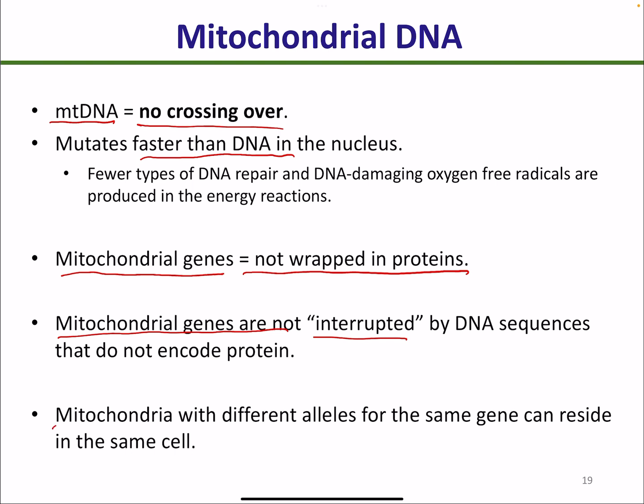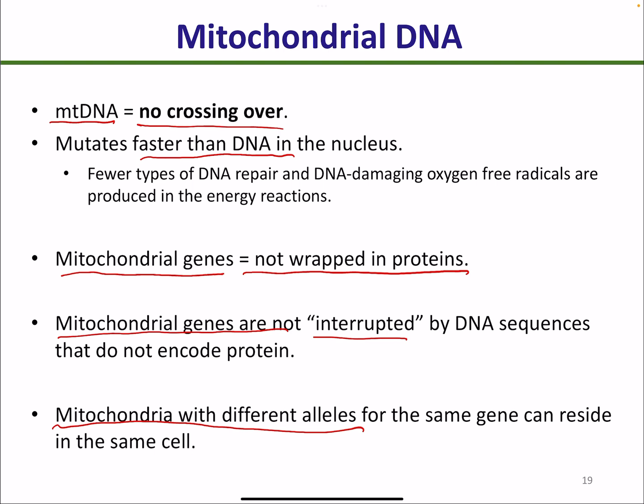And mitochondria with different alleles of the same gene can reside in the same cell. Remember that the DNA repair machinery is not as effective in the mitochondria as it is in the nucleus.